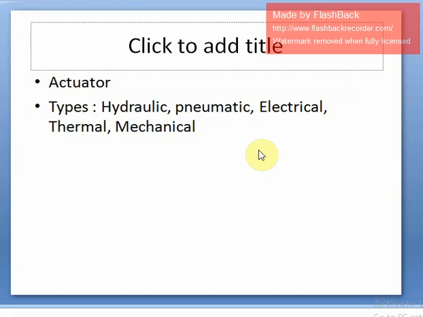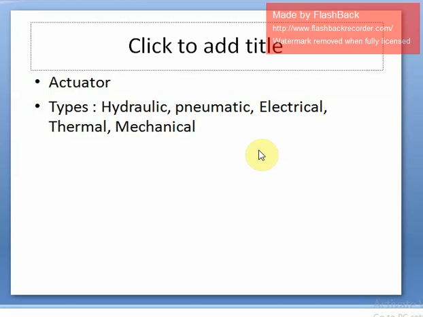I will post the pictures of some of the actuators, right? I will give some of the examples. Before that, I will define the actuator. An actuator is a component of a machine or a system that moves or controls the mechanism of the system.